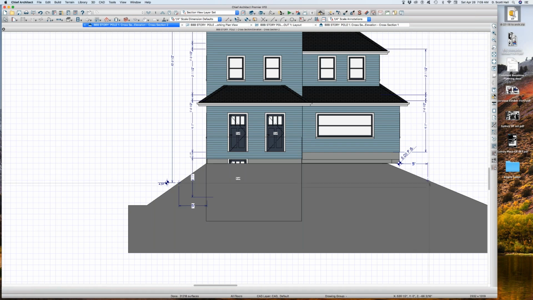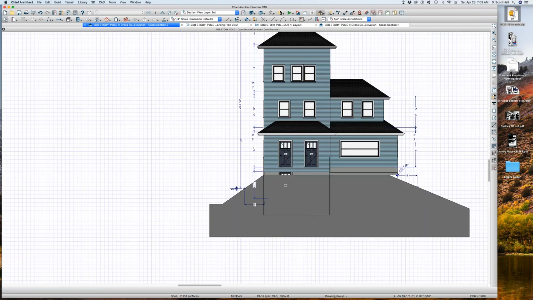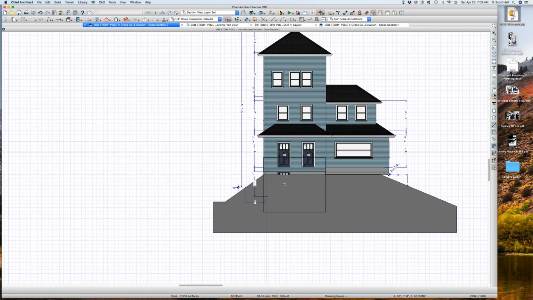Oh, that's why you have to do the 50% on both of them. So I would have this also. In fact, how would I do that? Okay, MK. Right there, dimension, and here's the overall height.